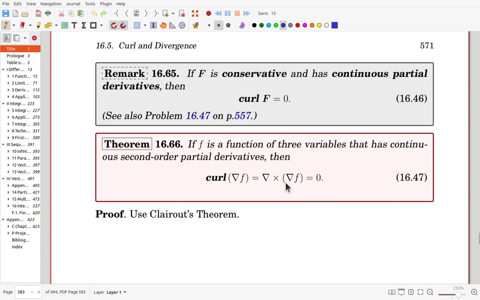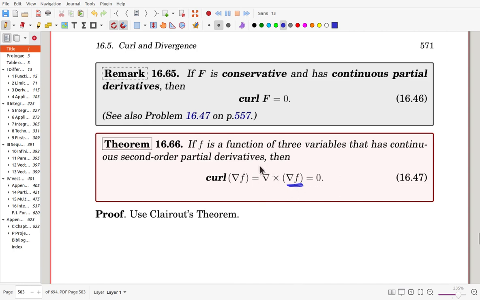Then the curl of the gradient of F is 0. So if a vector field is conservative, then it can be written in this form: there is a potential so that the vector field is the gradient of the potential. So for a conservative vector field, the curl must be 0.